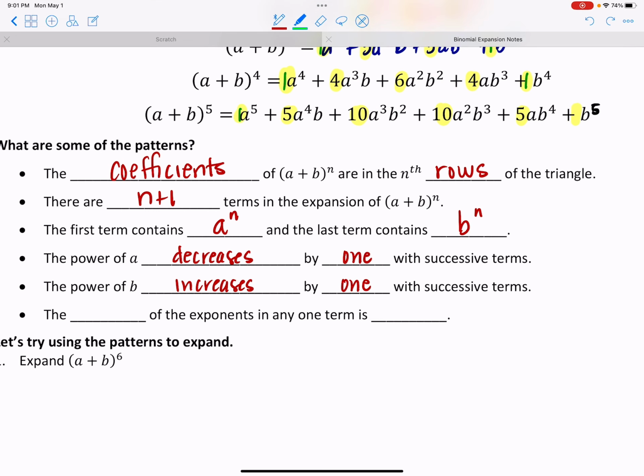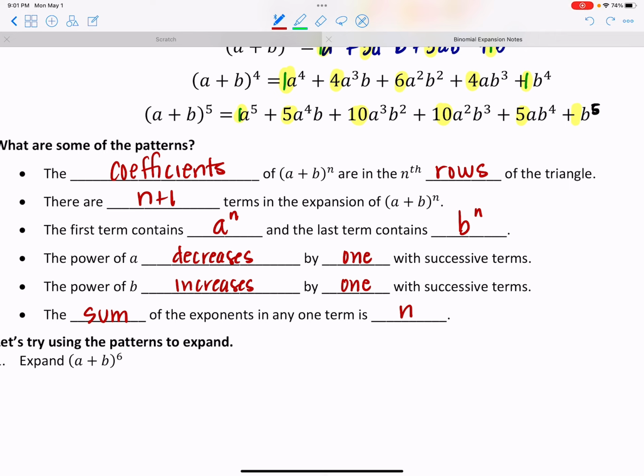So the sum of the exponents in any one term equals n. So if we're looking at a power of 5, the exponents in every term should add up to 5. So that means the degree of each term should be 5. Now there are several other patterns, but I think these alone are enough for us to do an expansion.